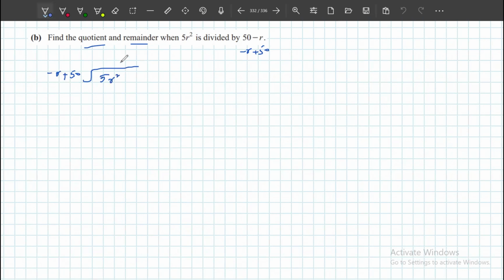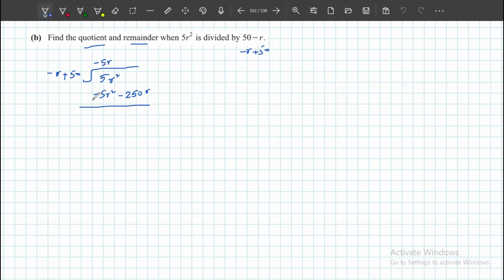So we can take minus 5r, and once you multiply minus 5r with r, it gives me minus 5r squared, and then with 50, so 250, which is equal to minus 250r. After subtraction, we will change.